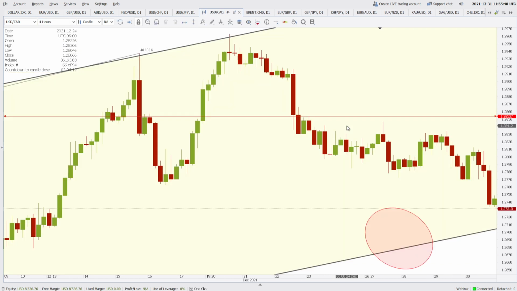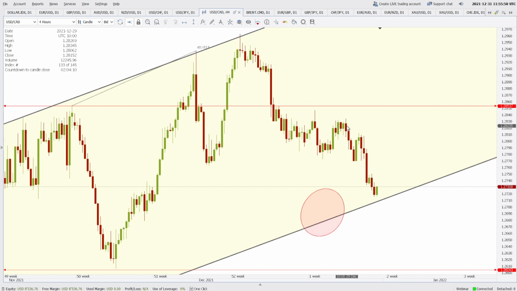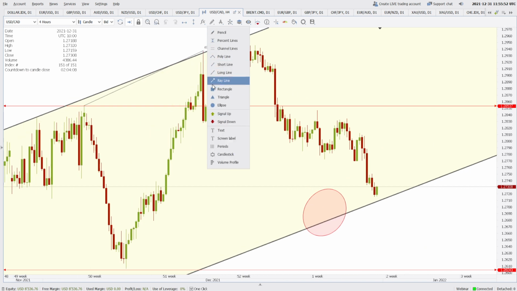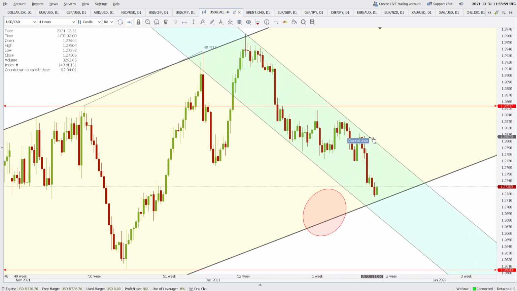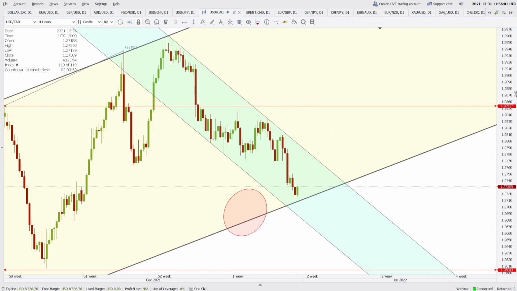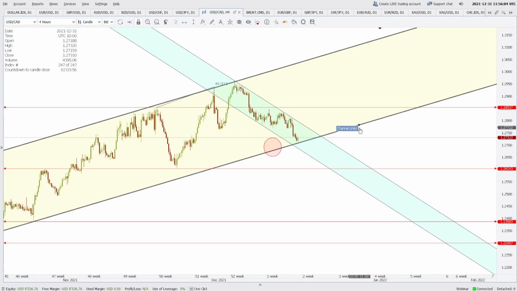If you see a bullish pin bar or bullish engulfing on the 4-hour, that may be your go-ahead, or if you are very conservative like me, you can draw a channel and wait for this channel to break to the upside, and that will be your confirmation that now the buyers are in control of the market. So wait for this channel to break to the upside. But if you ask me where is the support and resistance, my friends, 1.2604 is the support for the US dollar against the loonie, and 1.2853 is the resistance to the high side.